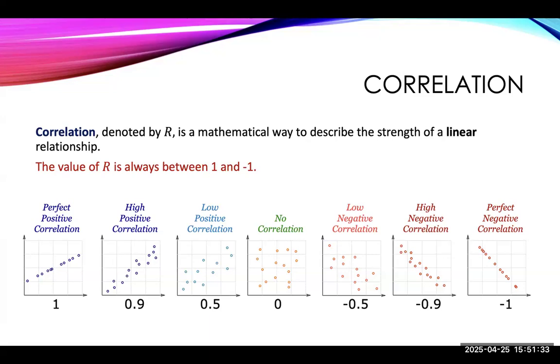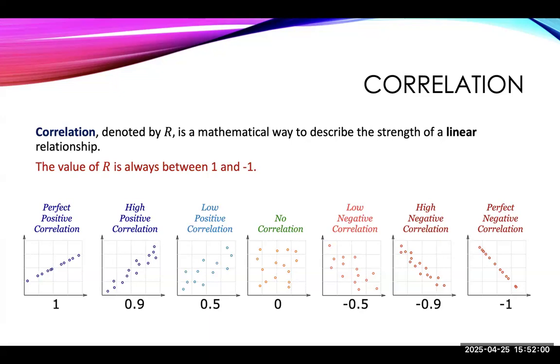The further you go away from 0, and the closer you get to 1 or to -1, the scatter plot looks more like a line. So for example, let's look at the very left graph. When R is equal to 1, that means all the dots on the scatter plot line up in a perfect line.